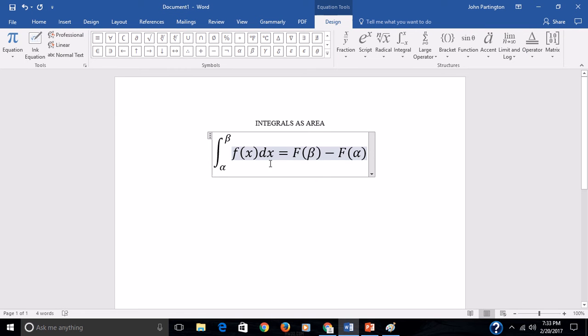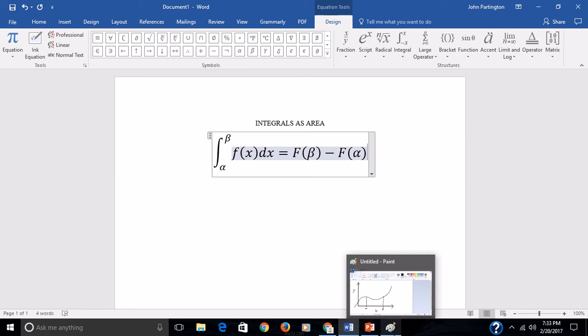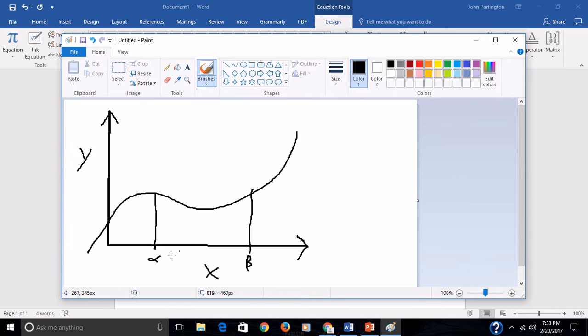When we use that formula, we're going to have the antiderivative at b minus the antiderivative at a, and this is going to be our area.